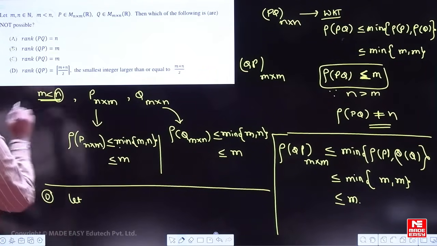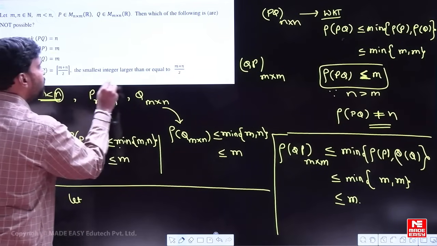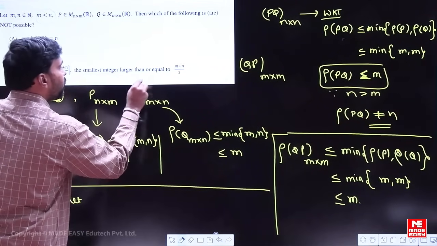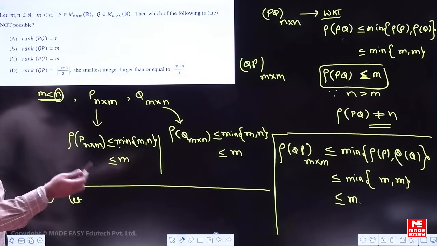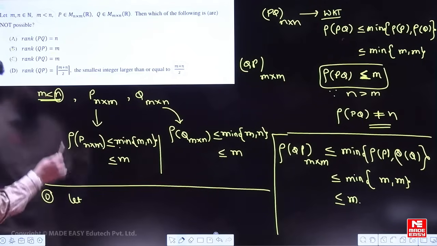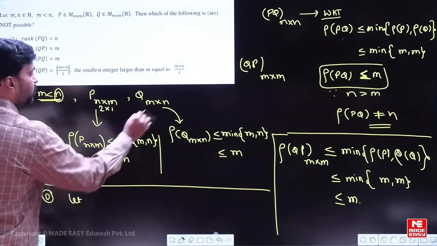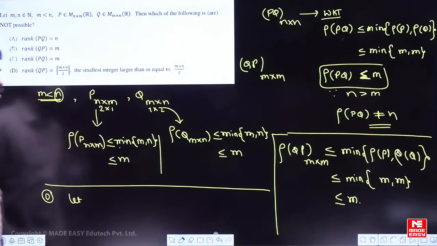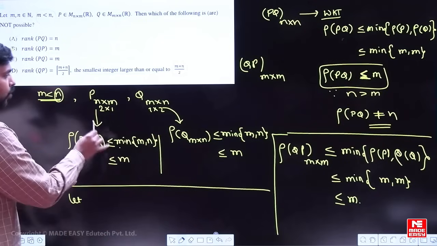So for some value of N, he said the smallest integer which is larger than or equal to this. If you take the minimum, it is 2 cross 1, so it is 1 cross 2, right or not? The minimum is 2 cross 1 or 1 cross 2. So now what will be the rank of QP?